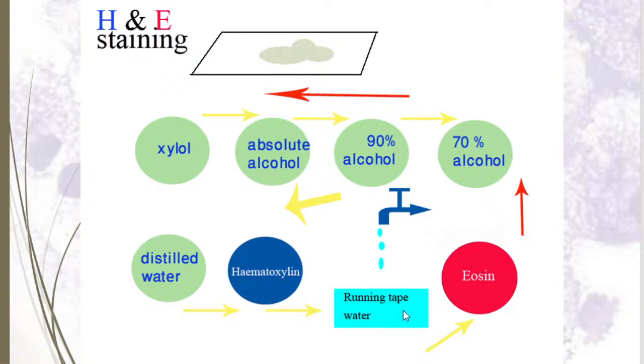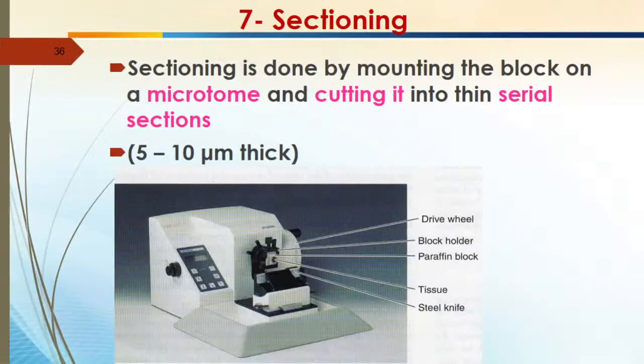Next is running tap water, and next is eosin, an acidic stain, to color the histological slide.